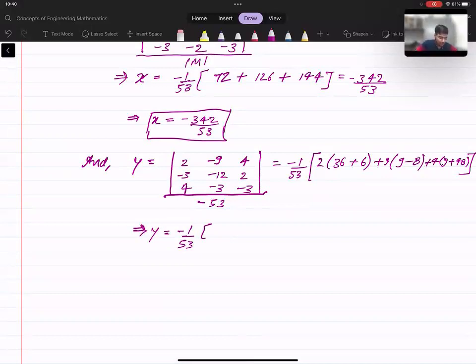42 into 2, that will be 84, and this will be 9, and again here we will have 57 into 4, so that will be 8 carry over 2, and that will be 22.